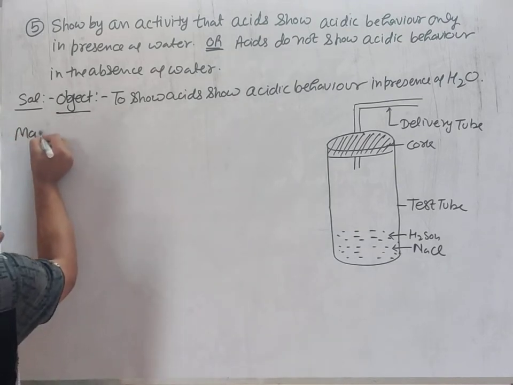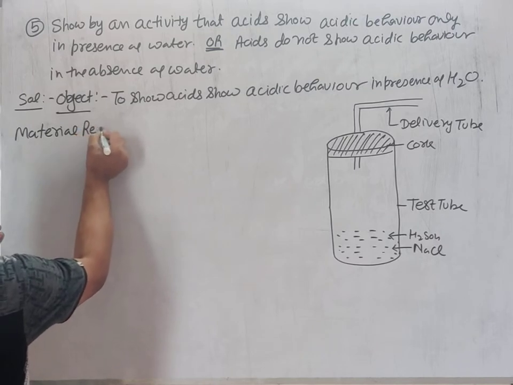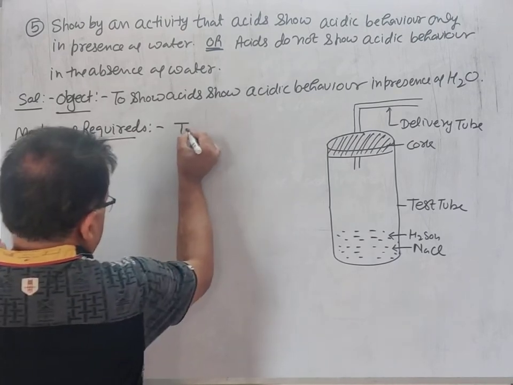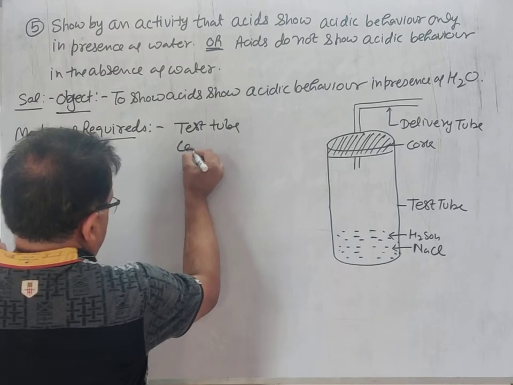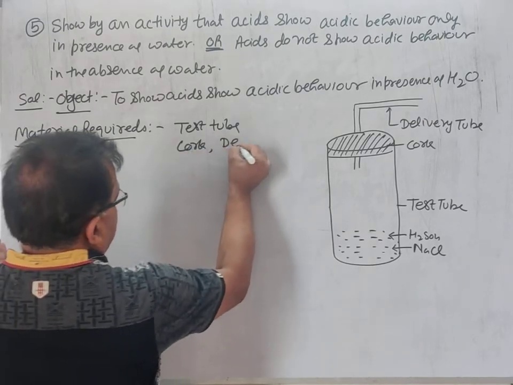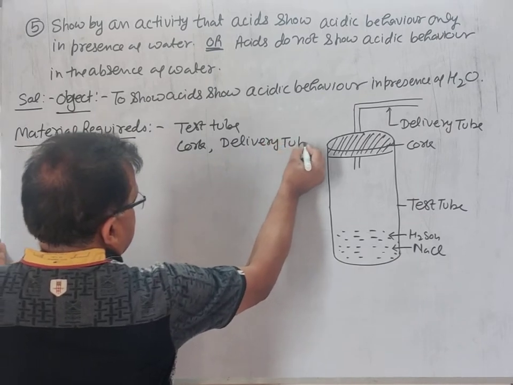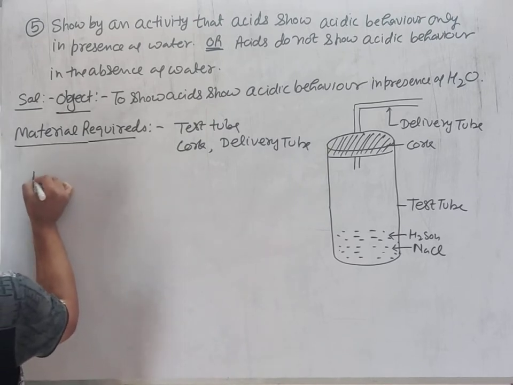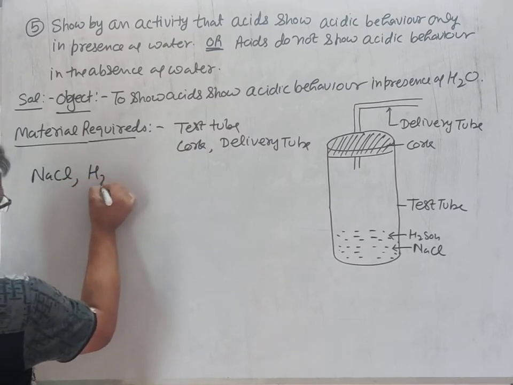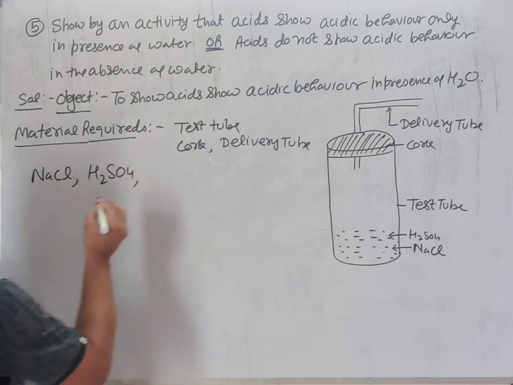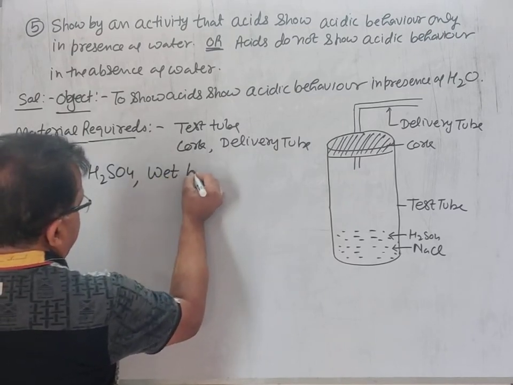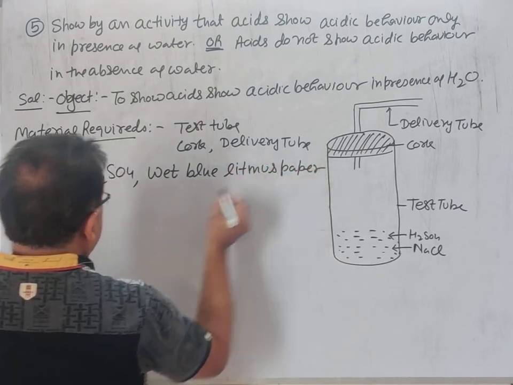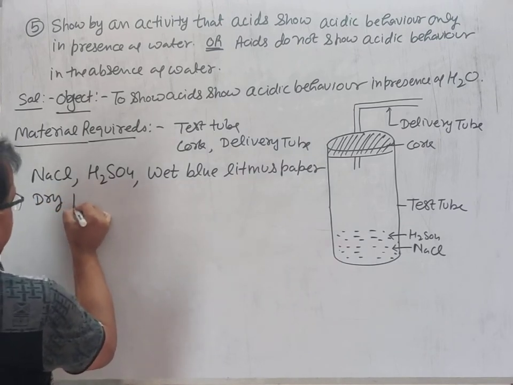Material required: as we have seen, a test tube, a cork, a delivery tube, some amount of sulfuric acid and some amount of NaCl, a wet blue litmus paper and a dry blue litmus paper.